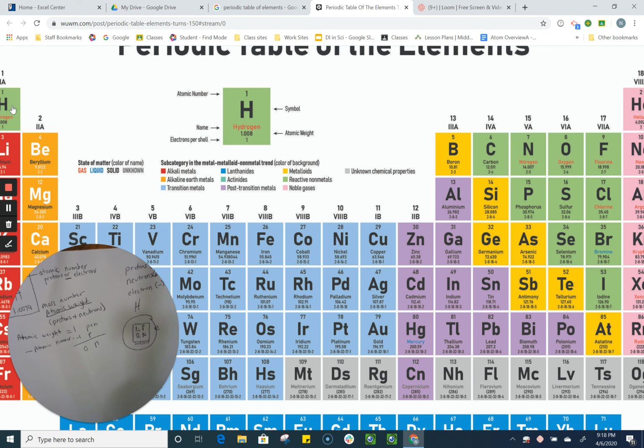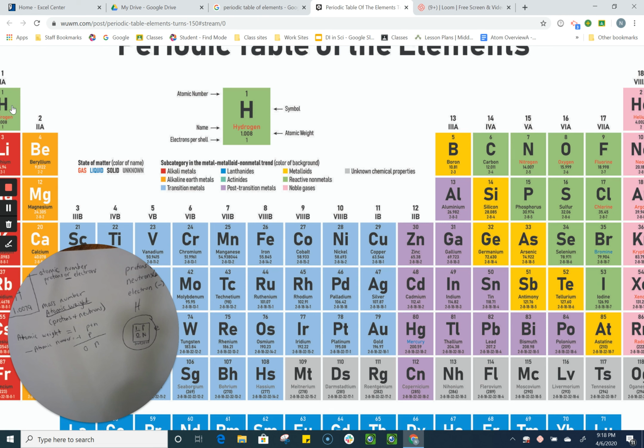Lithium has the atomic number of 3, and its atomic weight is 6.94, which means that lithium has 3 protons, or 3 electrons, because the atomic number tells us protons and electrons.